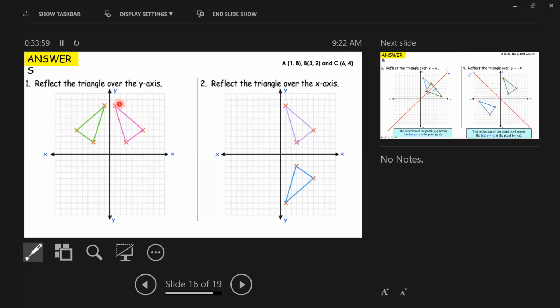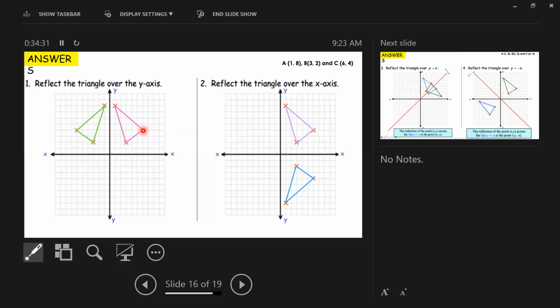So that means to get your image, you would have to count the same one box away from the mirror line. So that is why your answer ended up being here. So you started off with this triangle and you had to find out what the image was. That's this here, that's the answer. So let's do another point. What about here? How many boxes away was this point here from our mirror line?